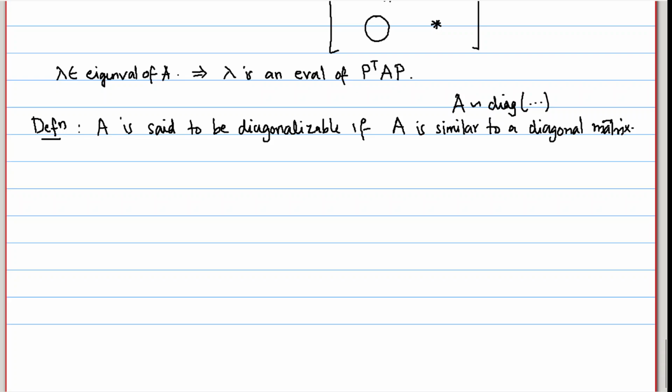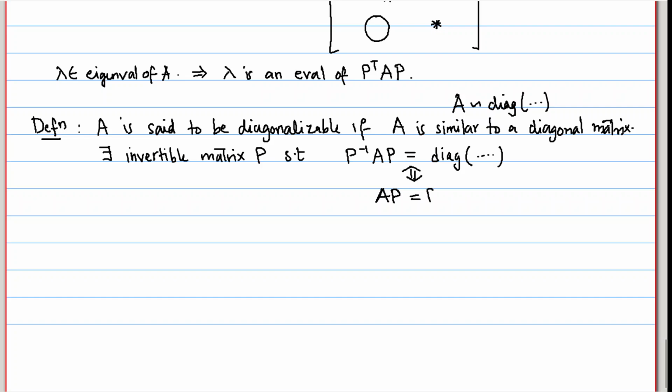That means there exists an invertible matrix P such that A can be written as P inverse AP is equal to some diagonal matrix, which is the same as saying that AP equals P times the diagonal matrix.